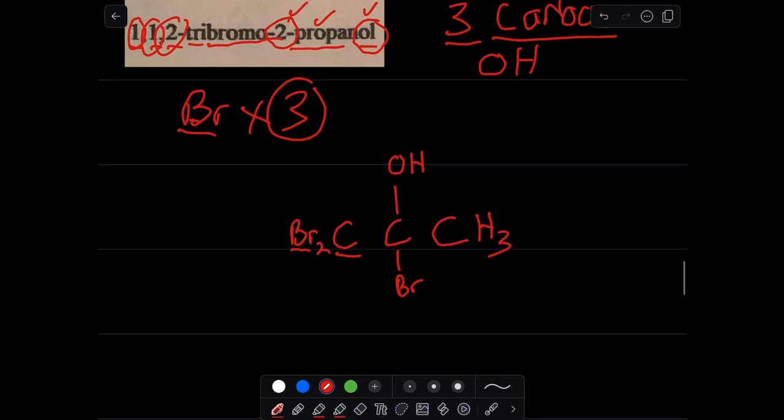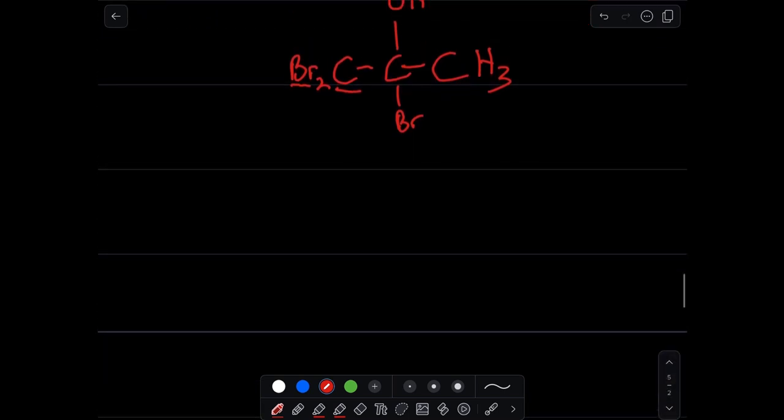And remember, we have no hydrogens on this middle carbon because it already has 4 bonds. Another way you can express that is going from right to left. This will still be an OH here.